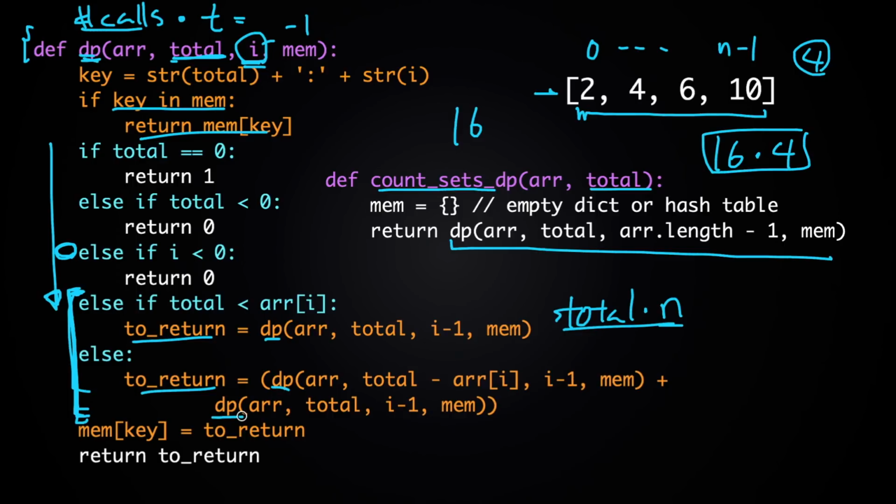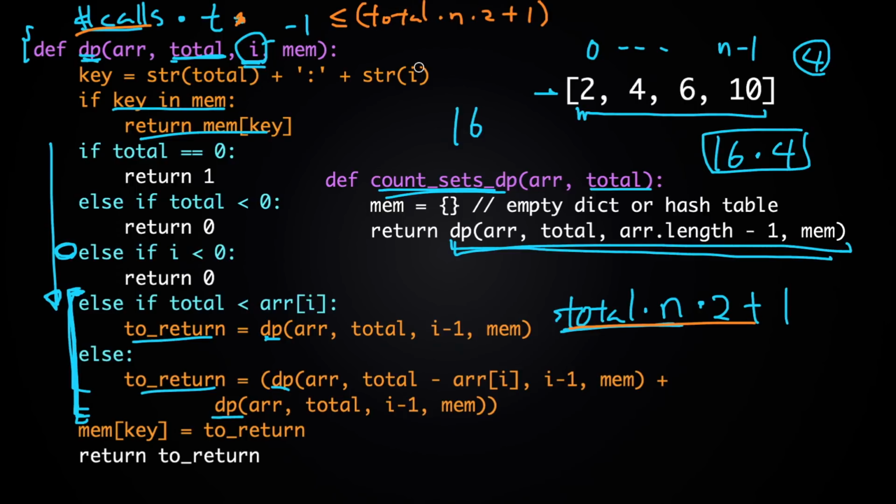So the maximum number of times we're going to call dp is going to be total times n times 2, and if you want, you can add 1 to account for the first time we call dp from countSets dp. So now we have an upper bound for the number of times we're going to call this function dp, and that's total times n times 2 plus 2. And of course, total here is the original value of total.